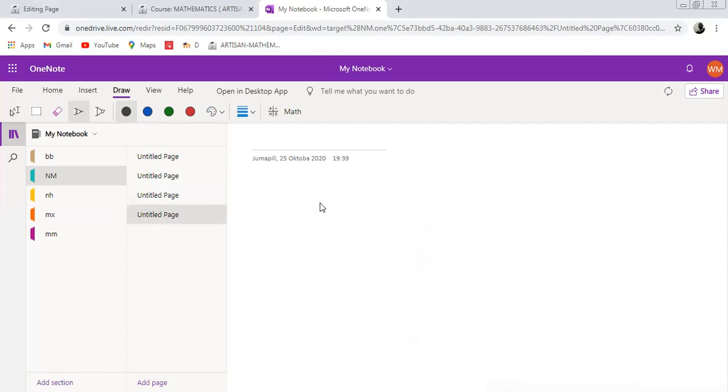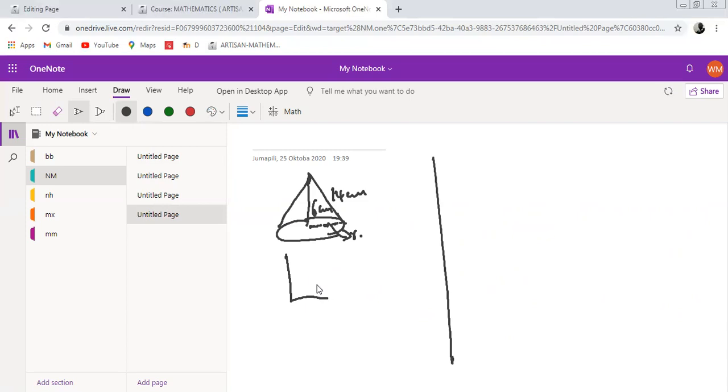The last kind of scenario I can illustrate here is when you have been given a cone like this. You can be told that this one is maybe 14 centimeter and this one is maybe 6 centimeter, and you have been asked to calculate the surface area of this. Remember, you have not been given the radius. The radius here is missing. So what you need to do is apply the Pythagoras theorem.